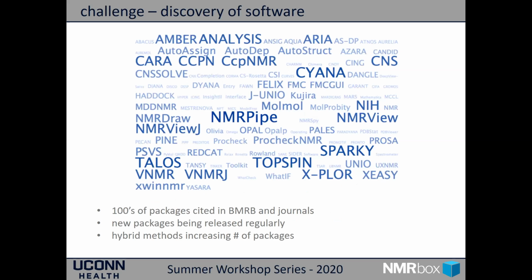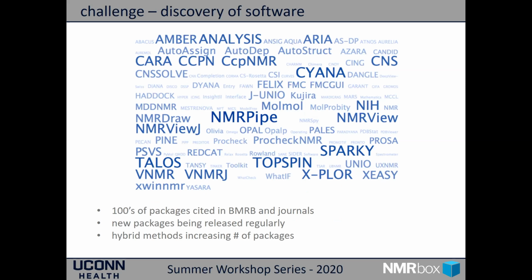So about probably 7-8 years ago, when we came up with the idea of building NMRbox, we knew there were various challenges to a computational platform for doing NMR. One of those challenges is the discovery of software. There are so many different software packages, and how does one go about discovering all of those packages?